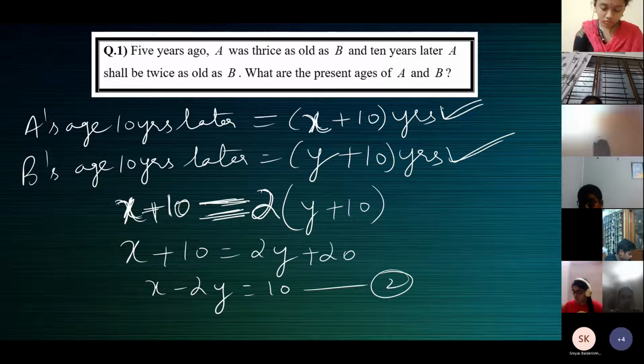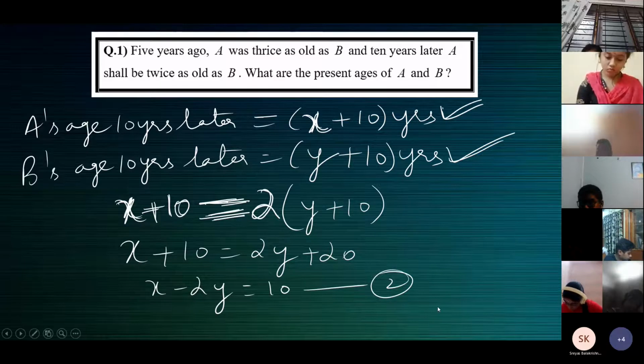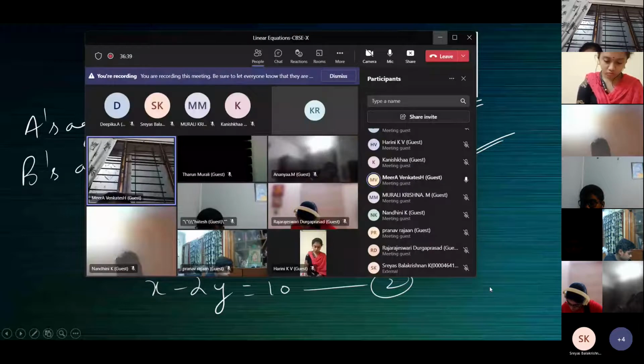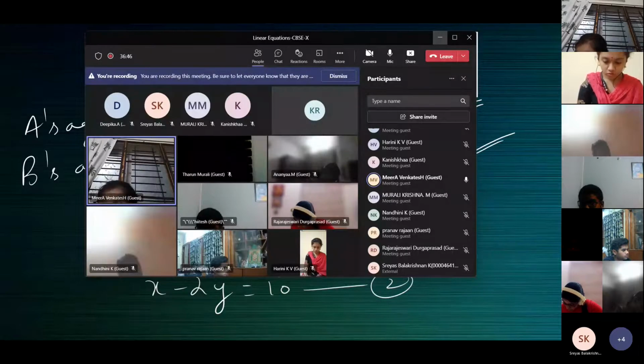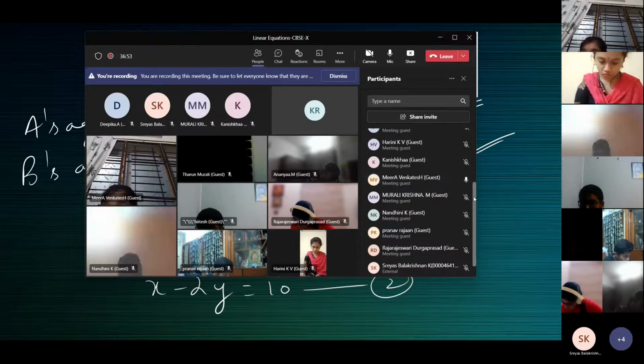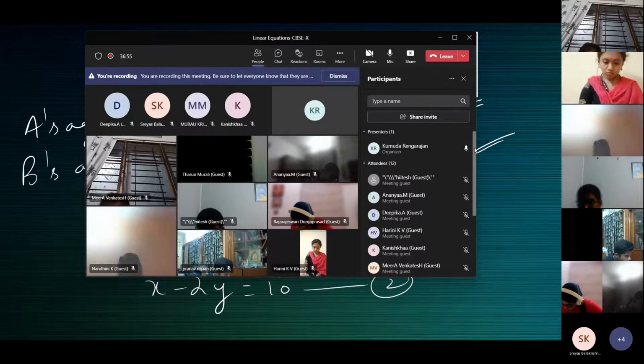Now solve the two equations and find the values of x and y, children. X is 50 and y is 20. Okay, 50 and 20. Okay, let's see what your friends get.